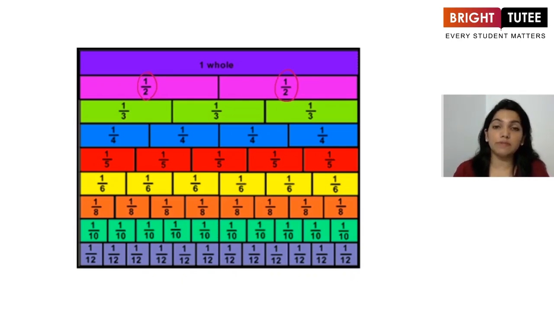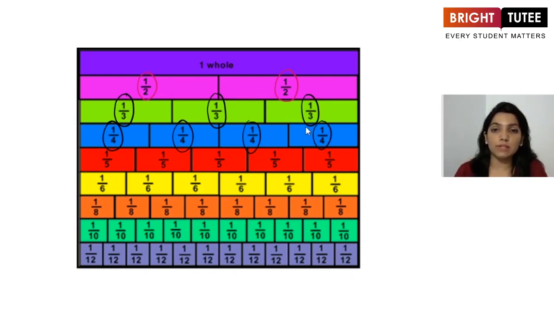Now, if we divide it into 3 equal parts, do you see here? Exactly one whole is being divided into small parts. Now, if you divide it into 3 equal parts, each and every part will be 1/3, 1/3, 1/3. If you divide it into 4 equal parts, it will be 1/4, 1/4, 1/4, 1/4.